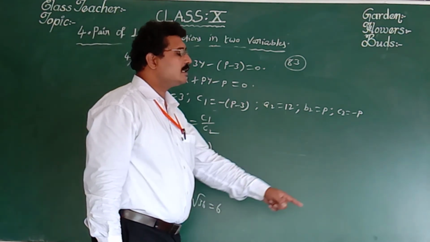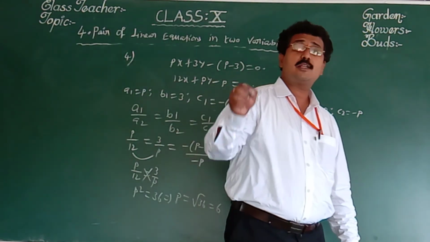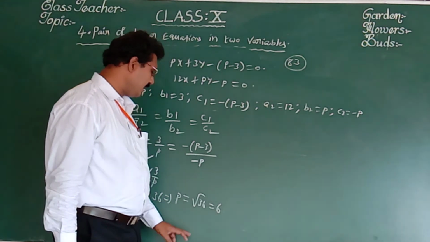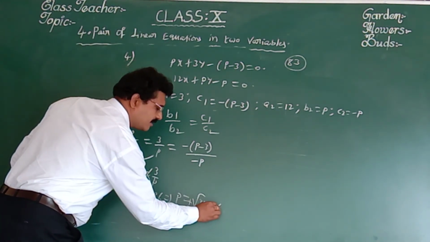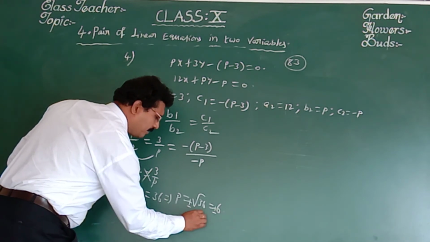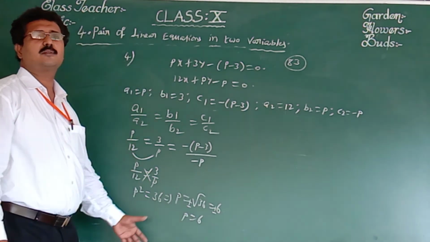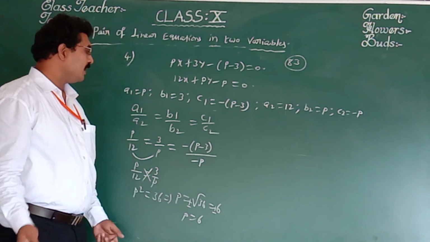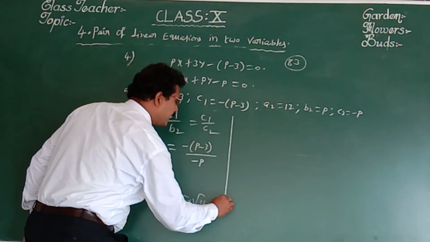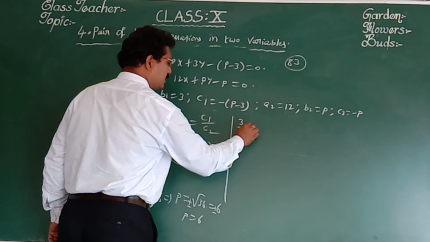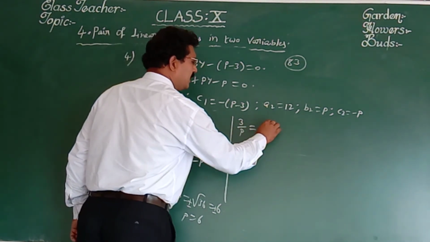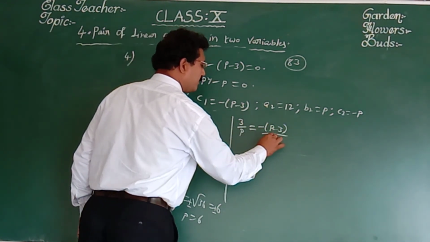But what is the question given? For what positive values of p? So if p = ±√36, meaning your answer is ±6, you take p = +6 only, because only the positive value is asked. Or otherwise you take the second and third: 3/p = -(p - 3)/-p.